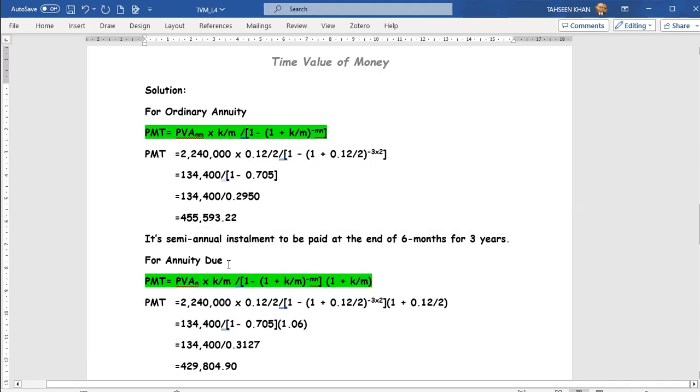Now we are going to calculate the annuity in case of annuity due. That is also called in advance or beginning mode.